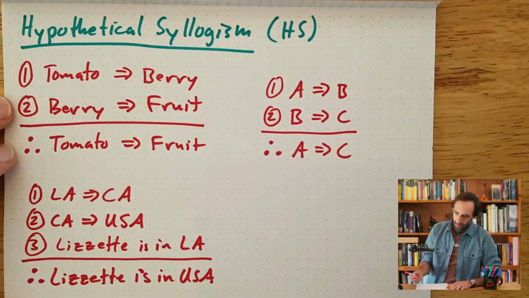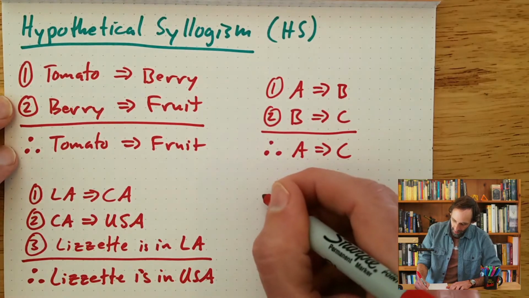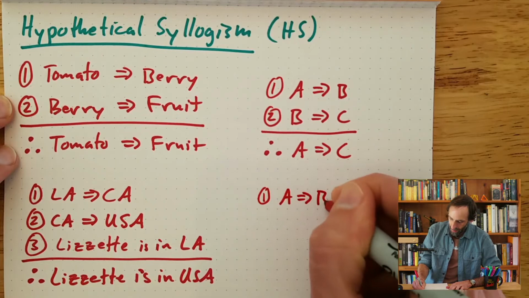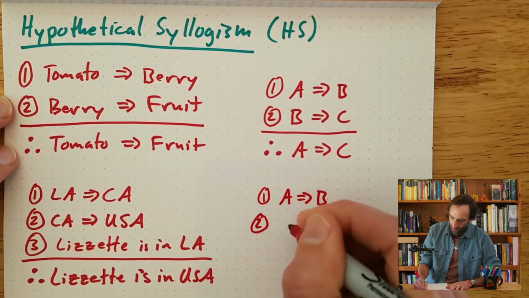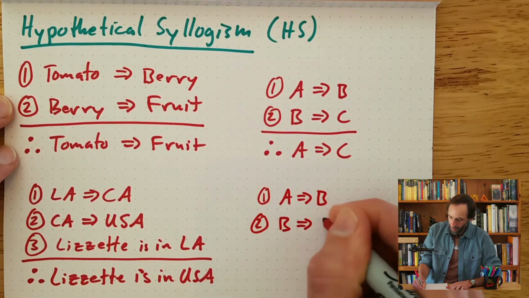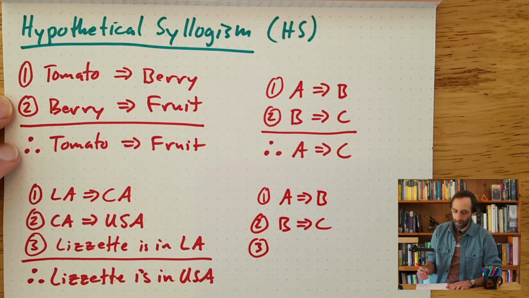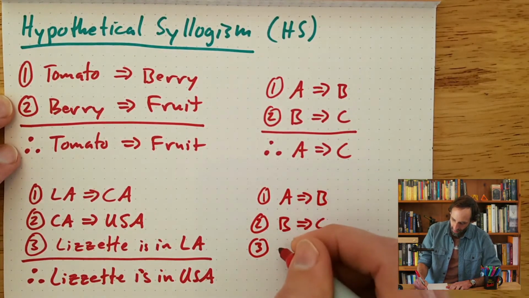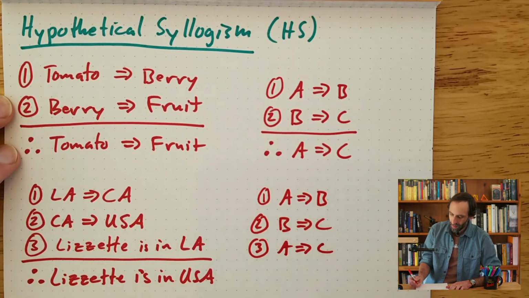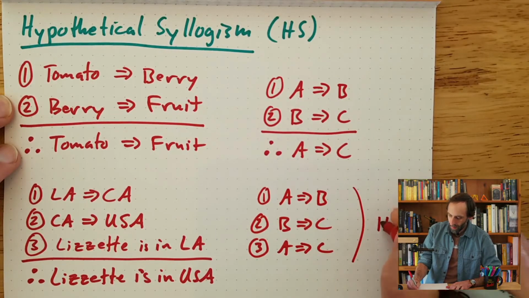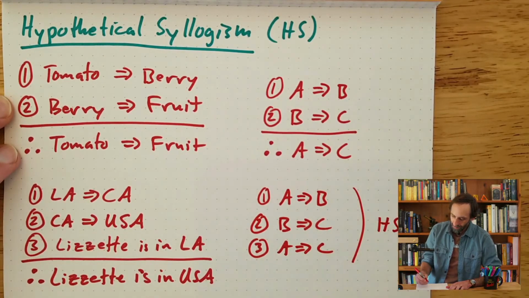And symbolically, we could write this out step by step as, premise 1, A implies B. Premise 2, B implies C. And if we're going to be really detailed about saying every step, we could even add this third premise of A implies C. Okay, so this part here, this is a hypothetical syllogism.